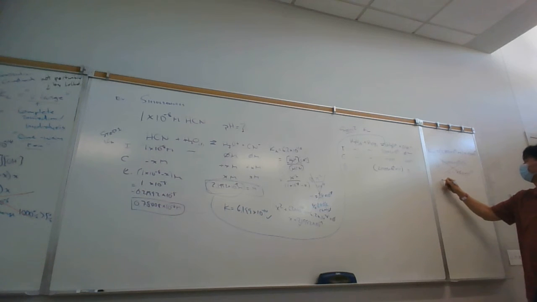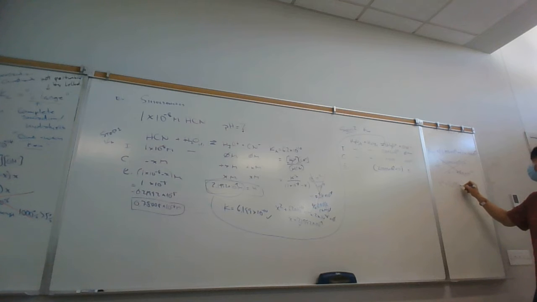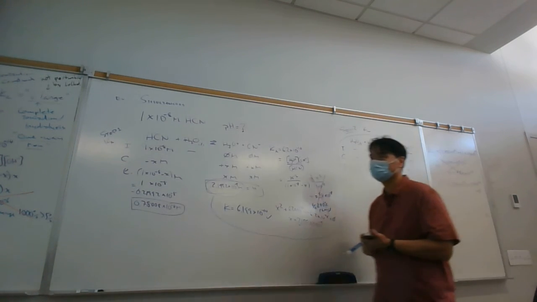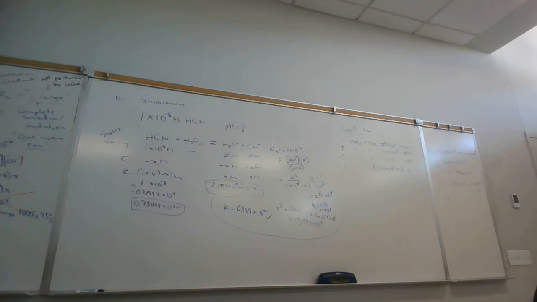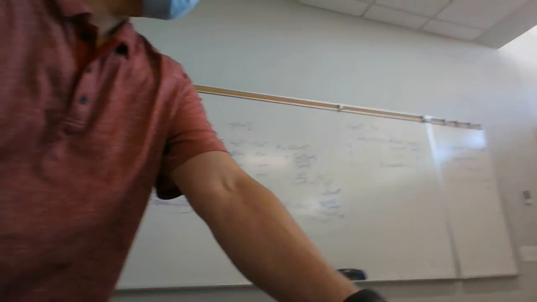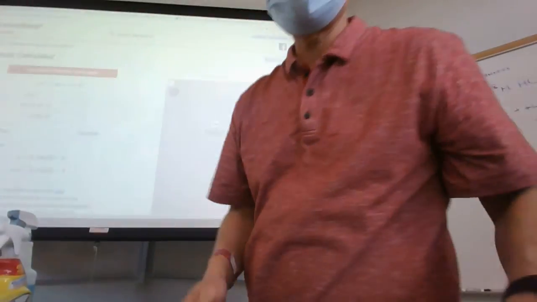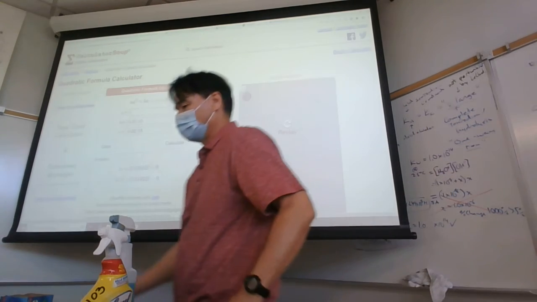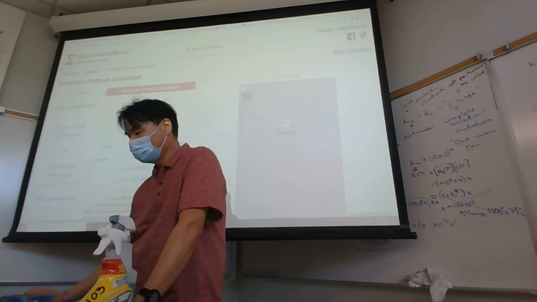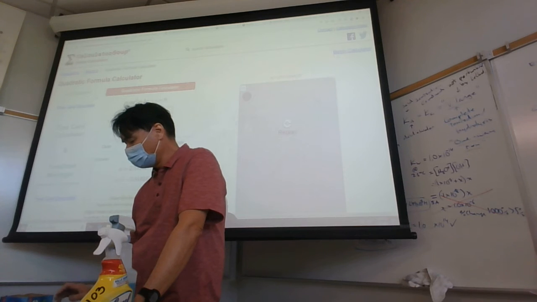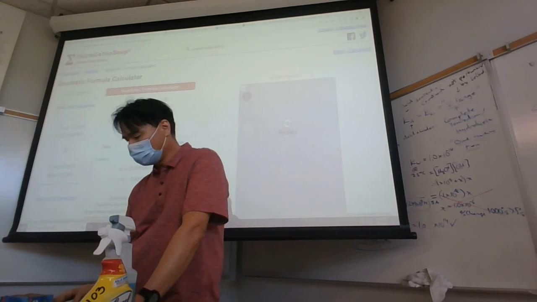So this is going to come out to x squared plus 2.1992 times 10 to the minus 9 x minus 1.0 times 10 to the minus 14 is equal to 0. So let's solve for x here. A is equal to 1. B is equal to 2.1992 times 10 to the minus 9.